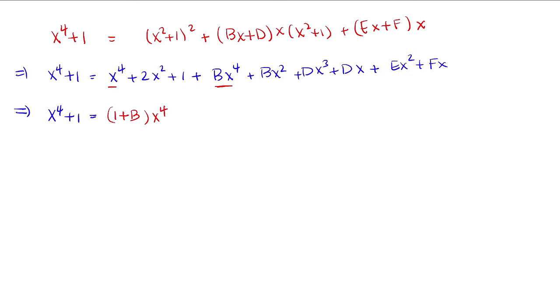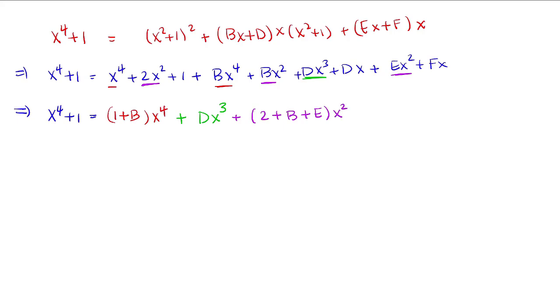Now I'm going to take care of x cubed, so I have dx cubed, and that's it. So I get plus dx cubed, and then for the squares, I have 2x squared, ex squared, and bx squared. So I have that this is plus 2 plus b plus e, and then x squared.